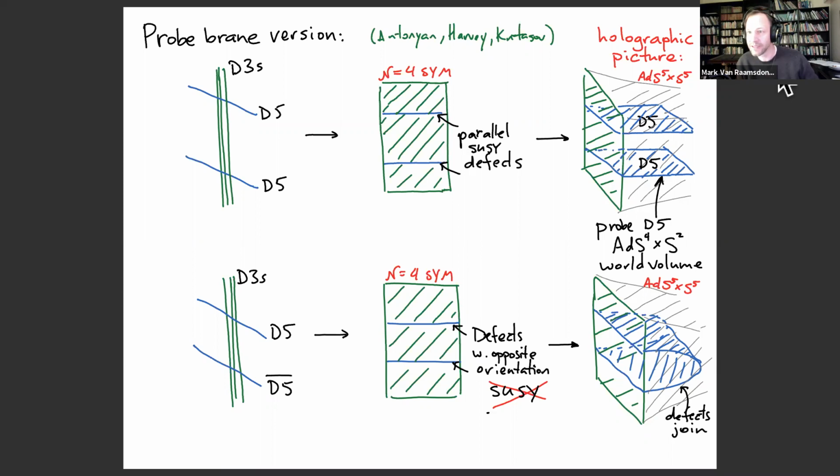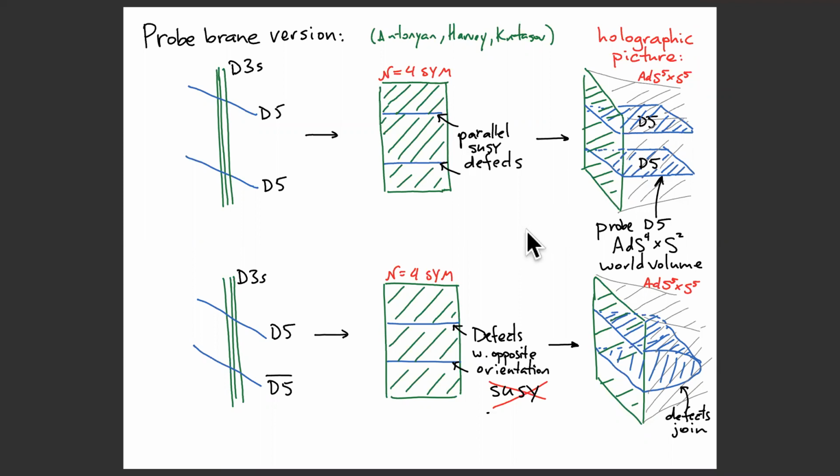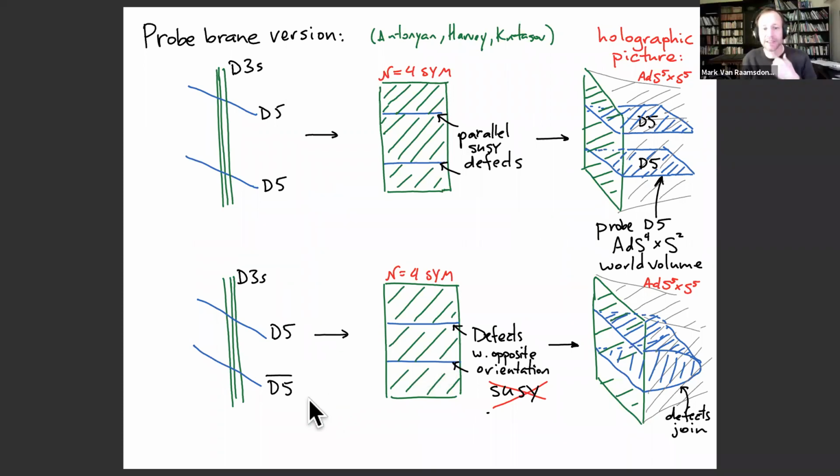Oh, yeah, Mark, is there a question? Go ahead. Yeah, hi. Yeah, no, my question is, I guess, very naive. Why is SUSY broken when you have opposite orientations? Yeah, I mean, this is just sort of a standard string theory story.